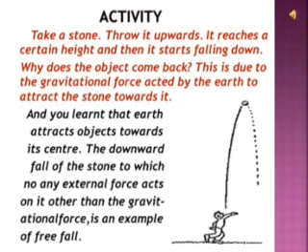And you learned that the Earth attracts objects towards its center. The downward fall of the stone, to which no external force acts other than the gravitational force, is an example of free fall.